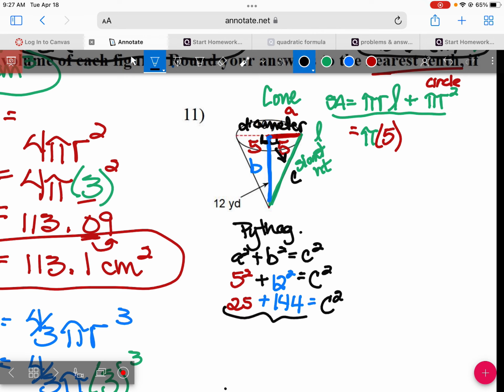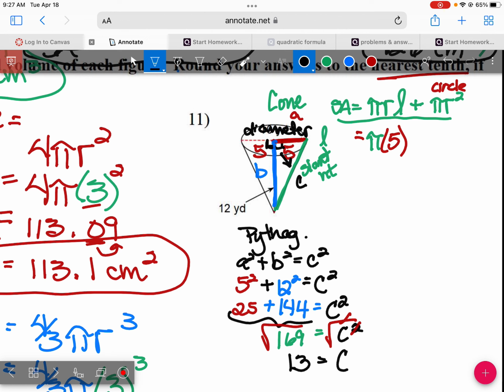Add these two together, you get 169 equals c squared. I don't want c squared. Oh, yes, I need to take the square root. Taking the square root of a square cancels each other out, and so c is equal to 13. So my slant height here is 13.